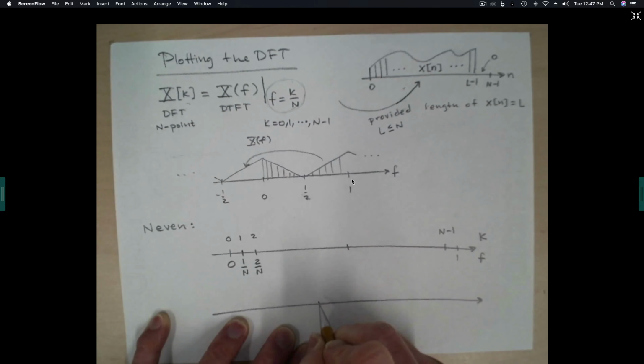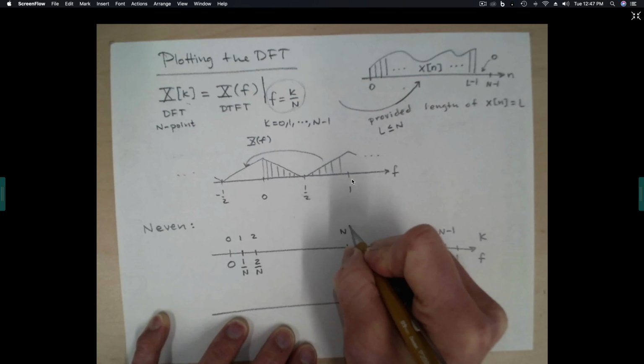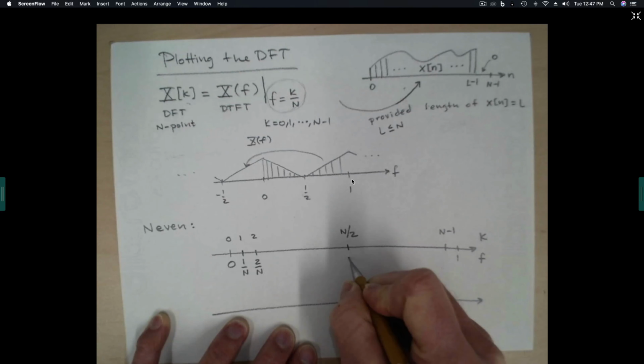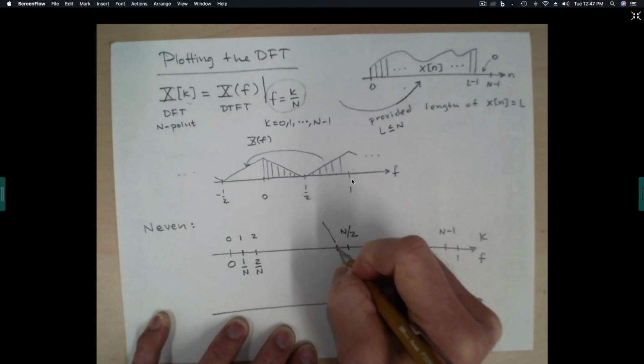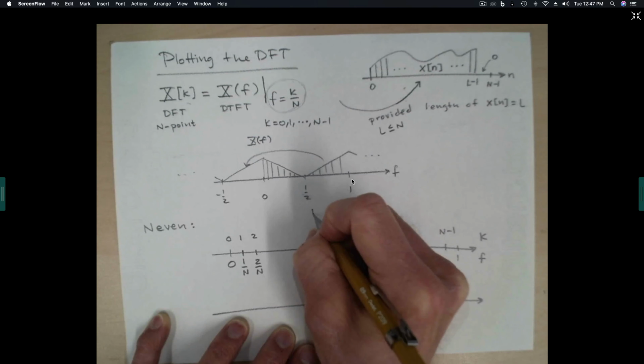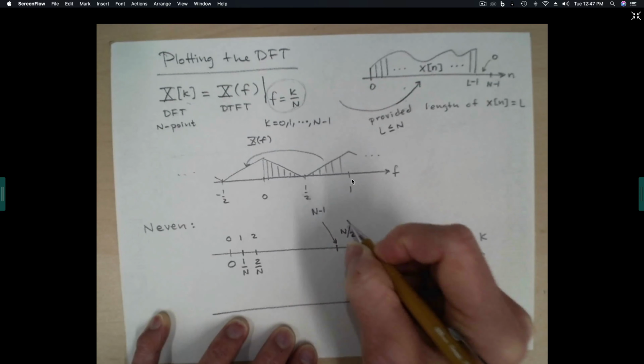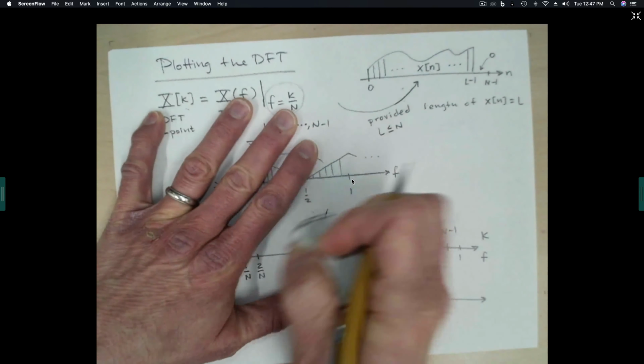Because capital N is an even number, when we get to bin N over 2, that's going to correspond to frequency 1/2. The bin just prior to that is going to be N over 2 minus 1.